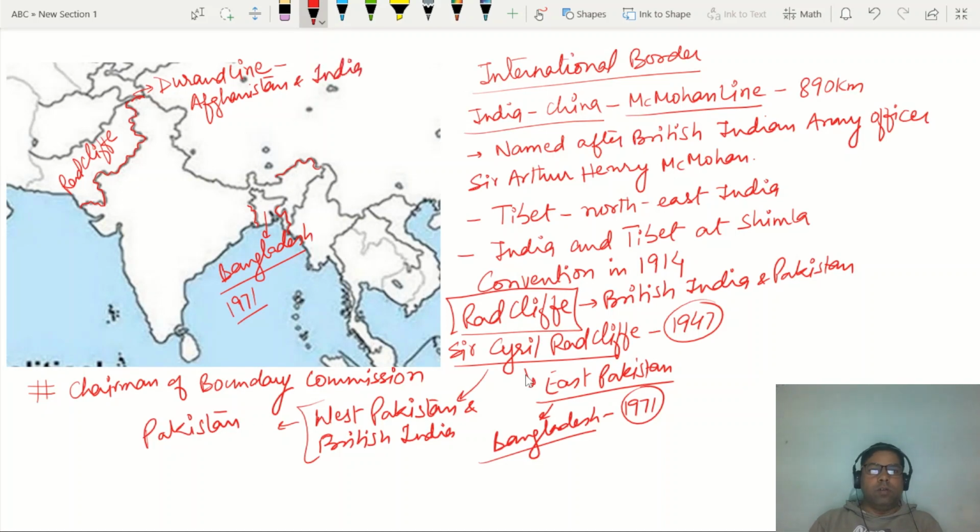We remember this is only a 106-kilometer border area. So this was divided by Sir Mortimer Durand in 1896, known as the Durand line.